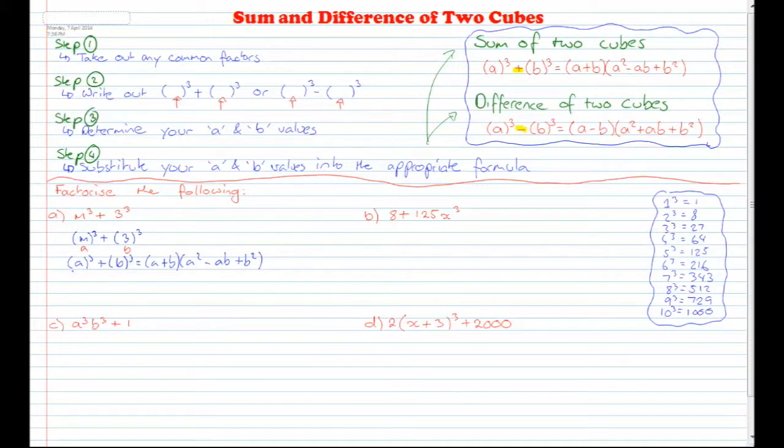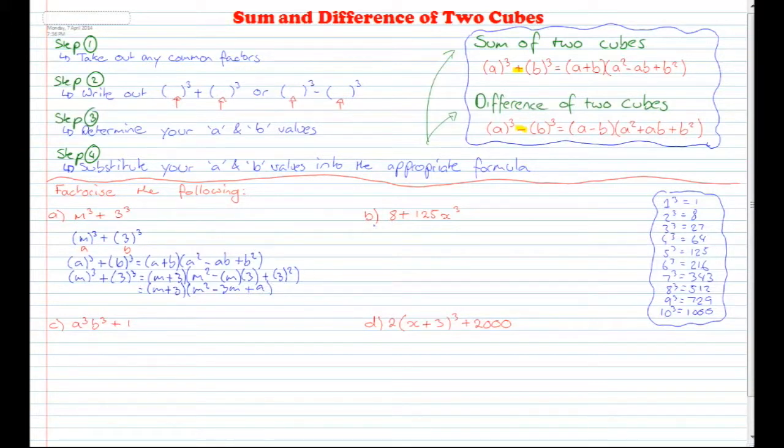So we get m cubed plus 3 cubed is equal to, a being m, b being 3, so m plus 3, a squared, so that's m squared, minus a, well our a is m, times b, which is 3, plus b squared, which is 3 squared. Alright, going through and expanding the brackets now, so we get m plus 3, m squared minus 3m plus 9, because 3 squared is 9.